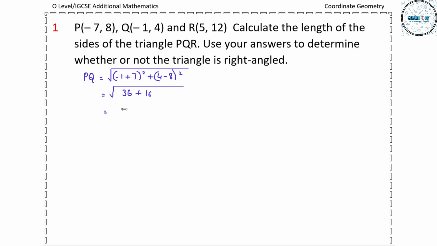So the length of PQ is the square root of 52, or we can write it as 2 root 13.